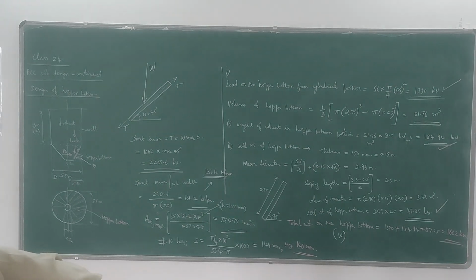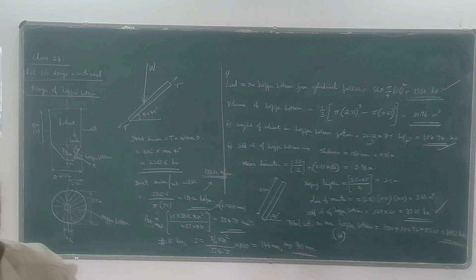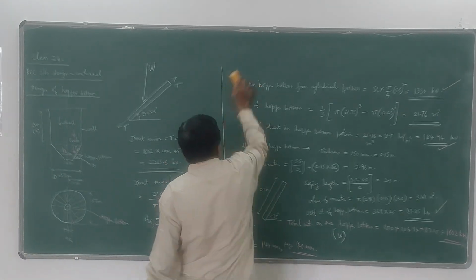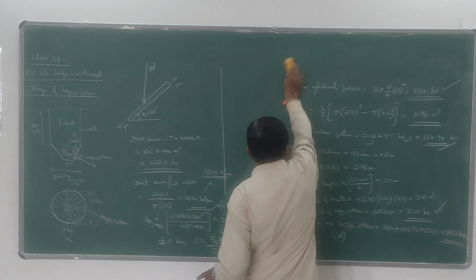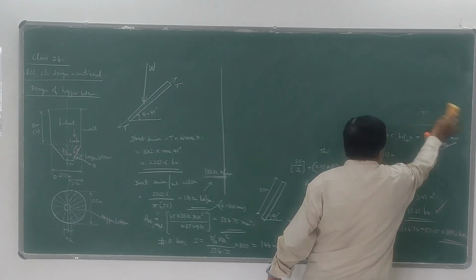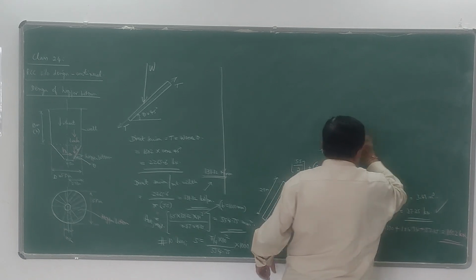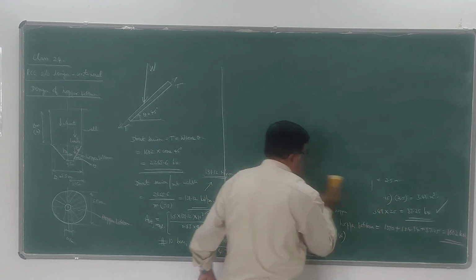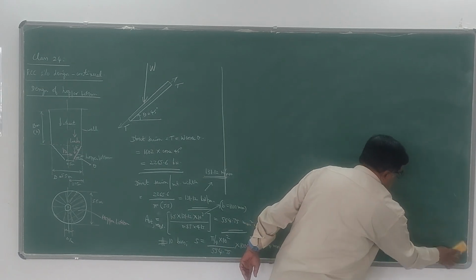Next we will design for hoop tension also. So this is for direct tension. Hoop tension is also called circumferential tension. For that also we have to design. Design means you have to find out the spacing of the bar.